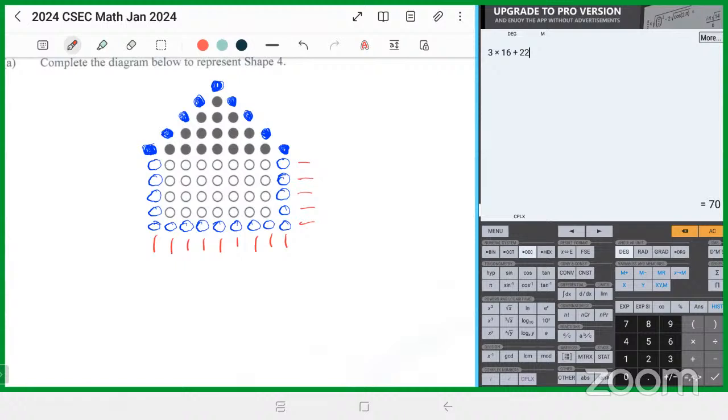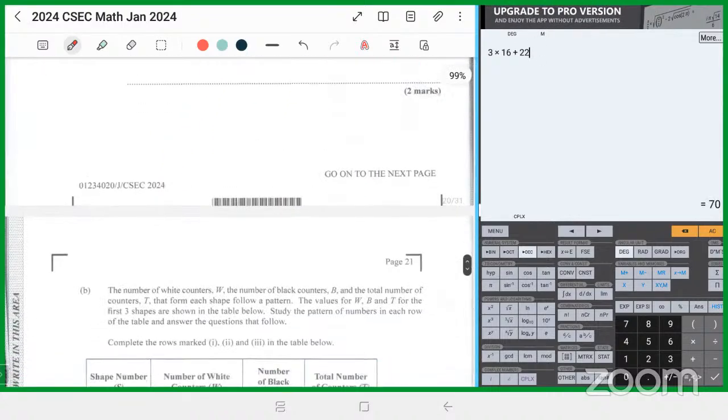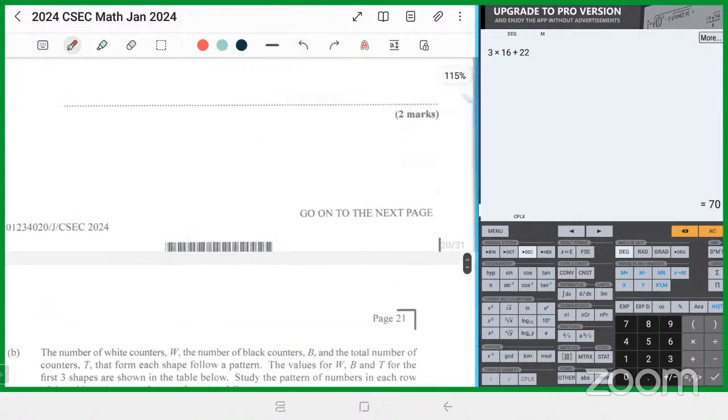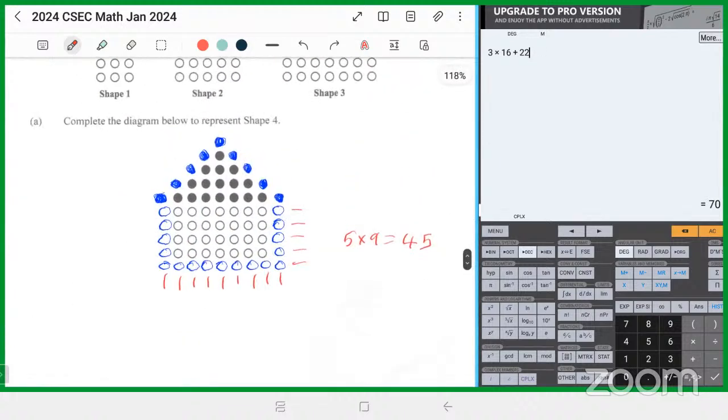So 5 times 9, that gives us 45, which is good, because we did say we have 45 in figure 4 based on the pattern. That's 45 we have here. That's it. And so now the black ones are supposed to add to 25.